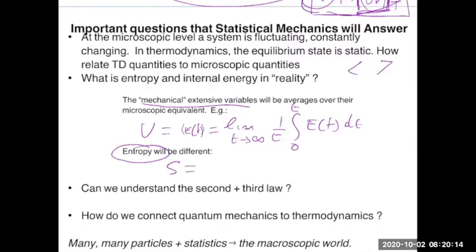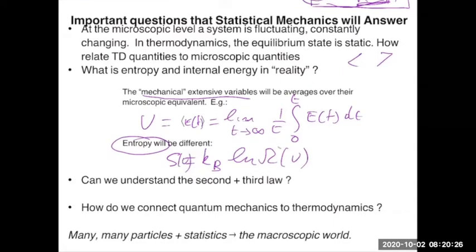So we will find later, well, we won't find it, we will postulate that the entropy is some constant, which is the Boltzmann constant, times the logarithm. So this is as a function of U, of the logarithm of omega, and omega will be the number of microscopic states with energy U.